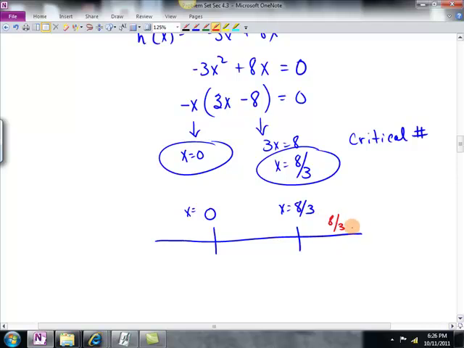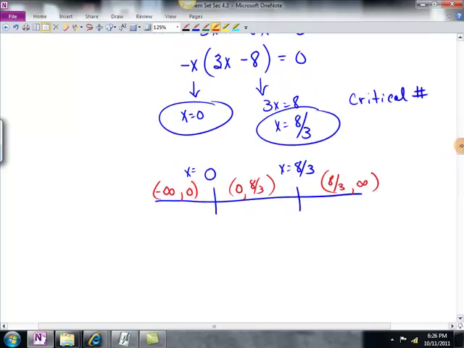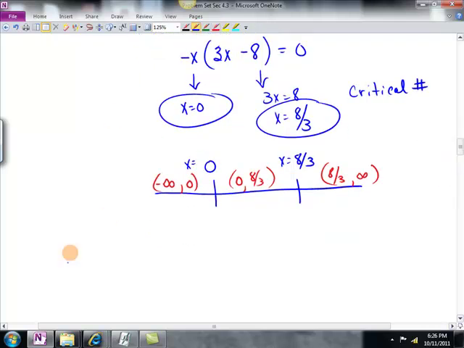Yes, it is. Okay, so we got that. Then we got to come up with some test points. You can pick whatever you want.